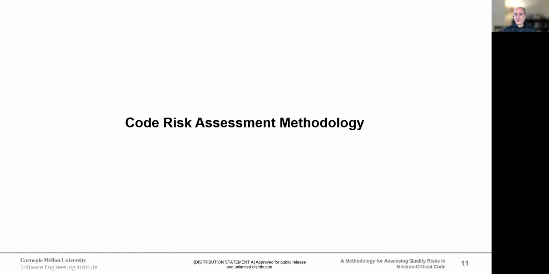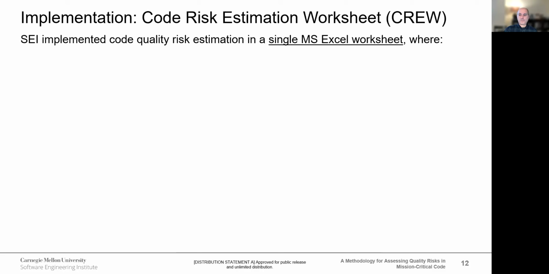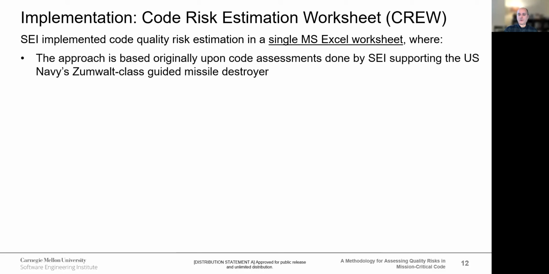So next, let's take a look at the details of how we assess code quality risks. The methodology centers around CREW, the Code Risk Estimation Worksheet, which is a multi-tab Microsoft Excel worksheet.